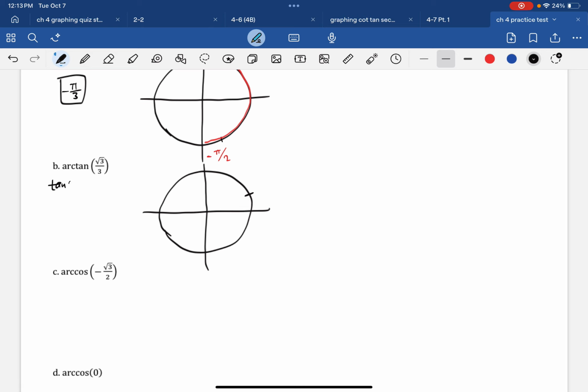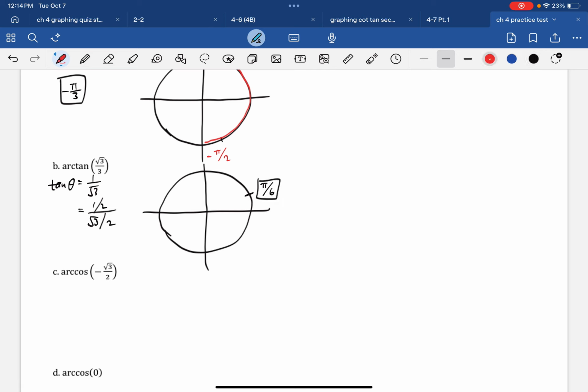That means tangent theta equals 1 over root 3, which is equal to root 3 over 3. And so in order for that to be true, we must have 1/2 divided by root 3 over 2 as our coordinates. So that tells us that sine theta is 1/2 and cosine theta is root 3 over 2. So the coordinates of our point must be root 3 over 2 comma 1/2, which places us at pi over 6.